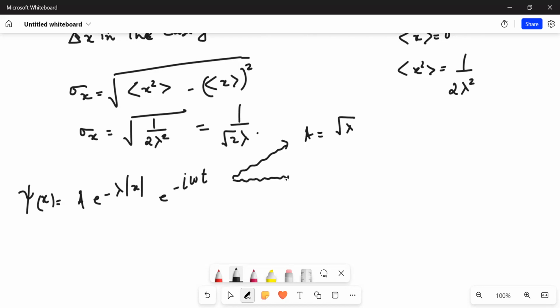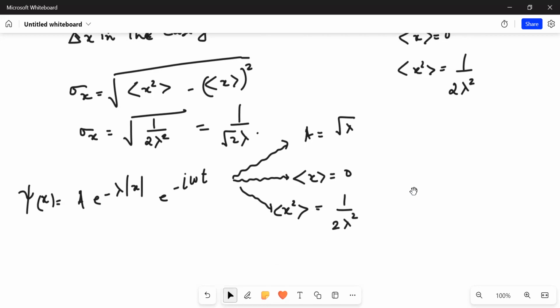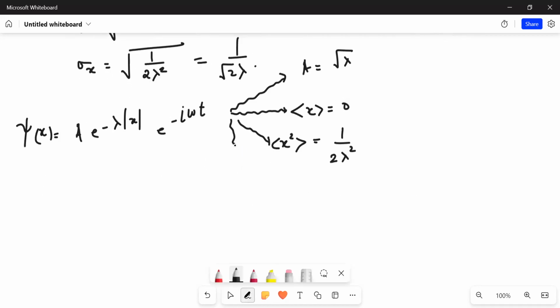We found that the expectation value of x would be 0, and the expectation value of x square is simply 1 upon 2 lambda square. And we also found the uncertainty in finding the position, delta x, given by sigma x, and that is equal to what?